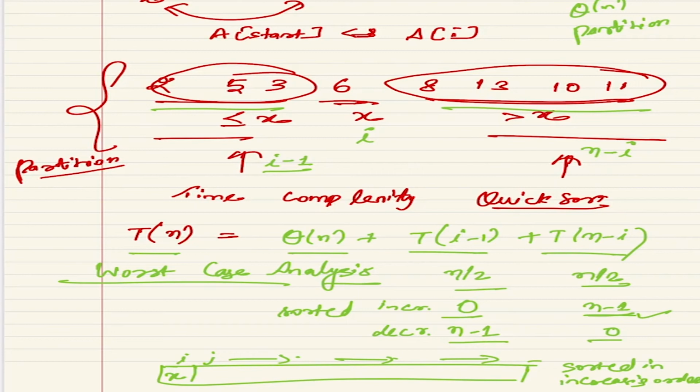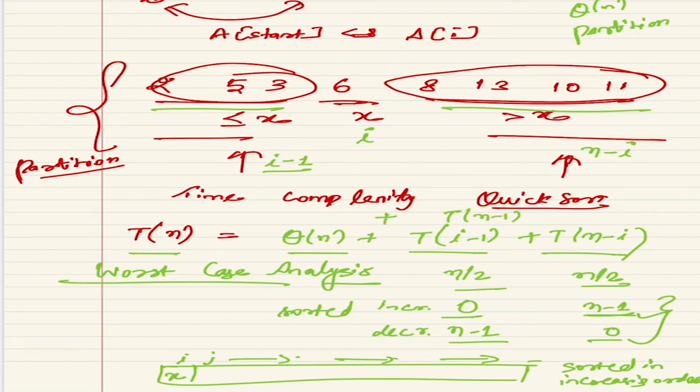And the intuition we were talking about just before is that if this is very skewed, divide and conquer will not help much. Let's try and solve this. In this case, Tn is theta n plus T of n minus 1.